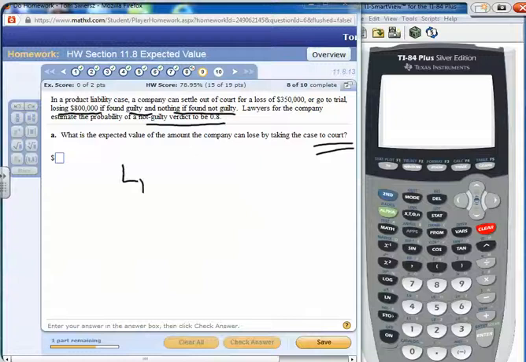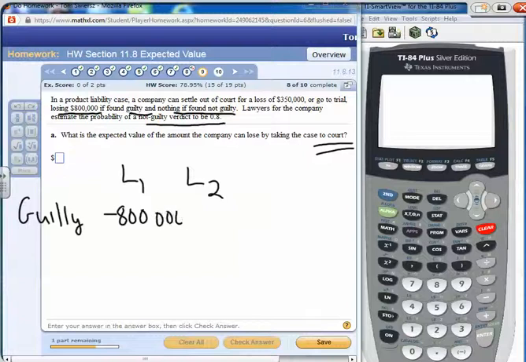Okay, so again, if they take it to court, if they're found guilty, then they're going to have to pay $800,000, correct? Now notice, not guilty is 0.8, so 1 minus 0.8 is equal to 0.2, so being found guilty would be 0.2.